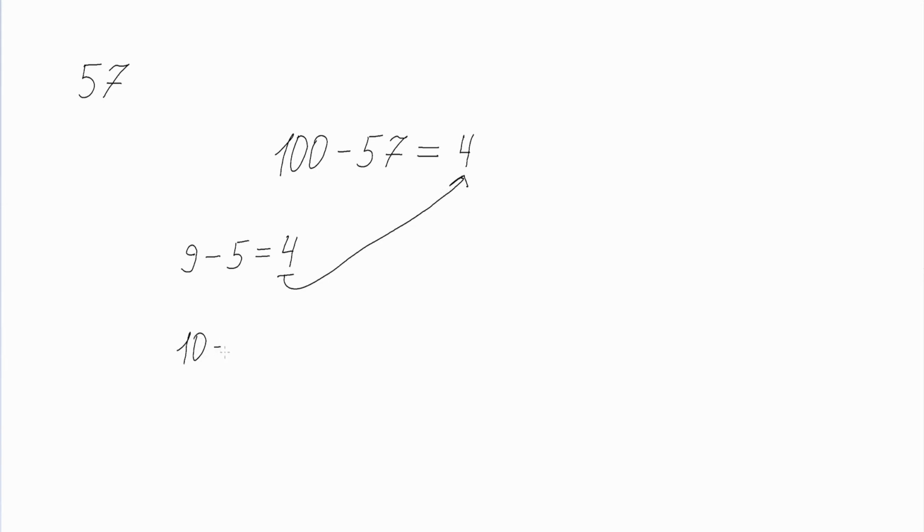So 10 minus 7 is 3. Now we can conclude that 100 minus 57 will be 43. We get 43 by putting two of our previous answers together. Hopefully now you get the logic I was talking about in the beginning.